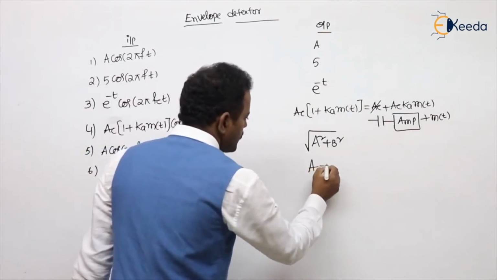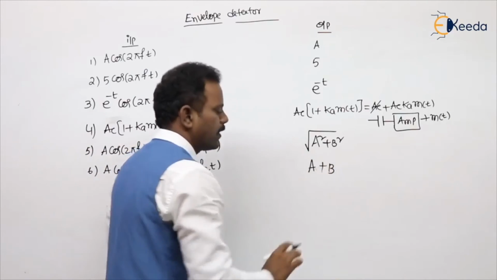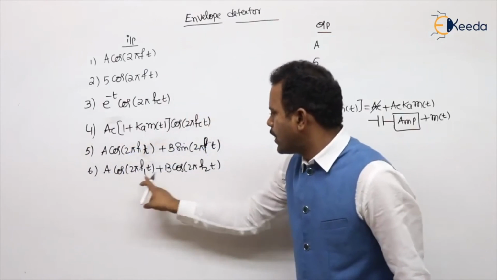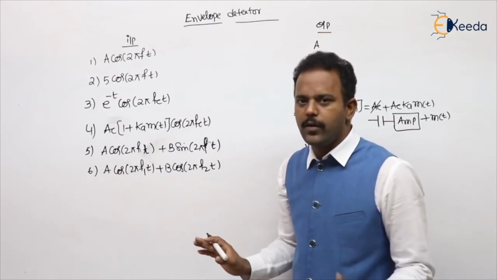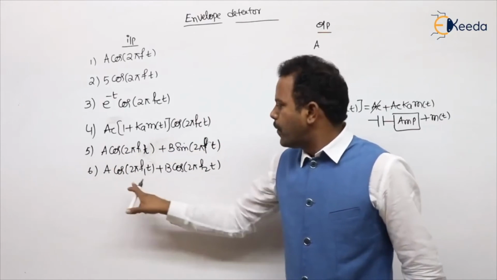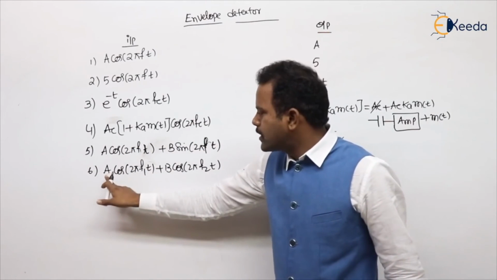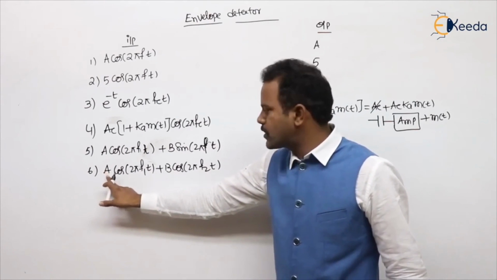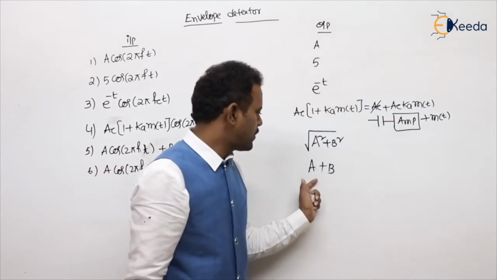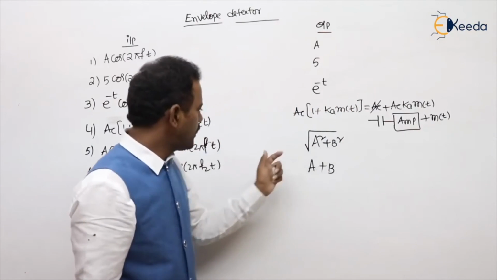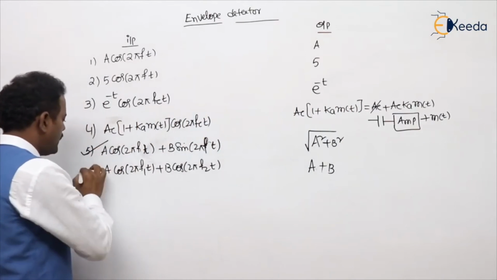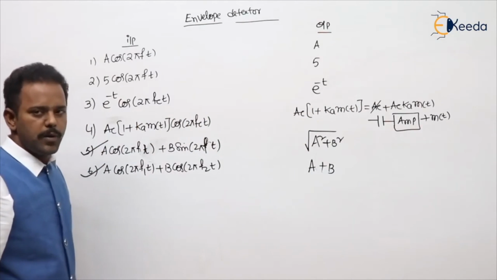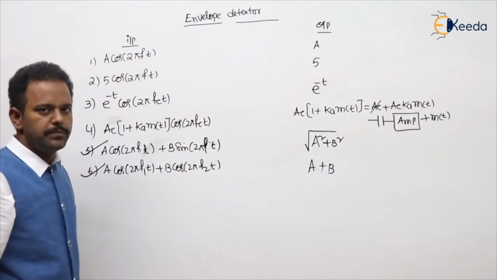Then the value is A plus B only. Here both are cos functions. We don't have any shortcut for sine functions; we need to calculate. But if they are cos functions, the max value or envelope detector value is simply A plus B only. Now try to remember these two; they are important in solving a number of problems. Questions have come many times. Clear?